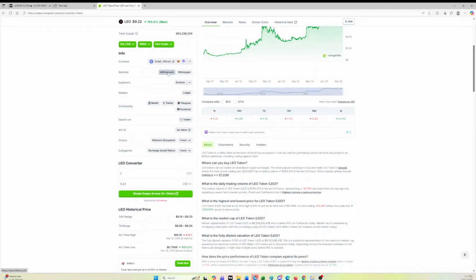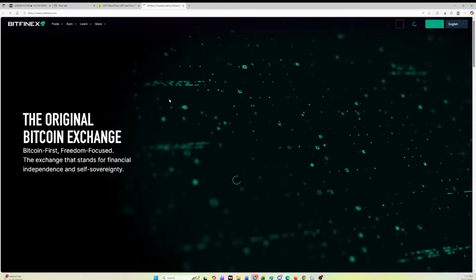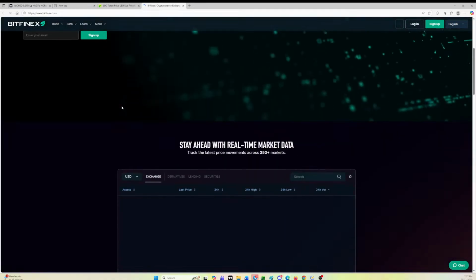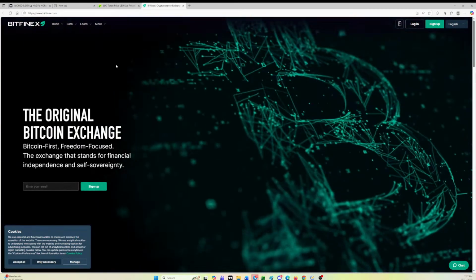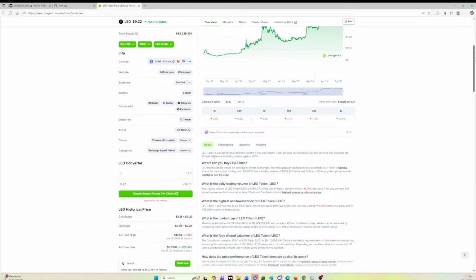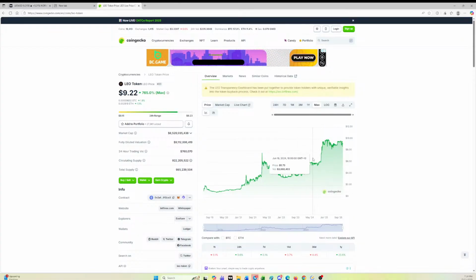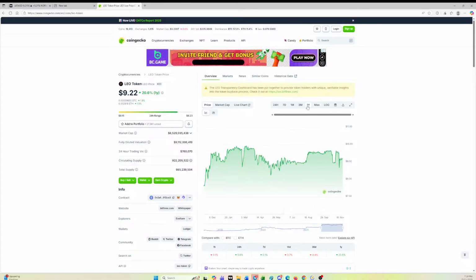Let's have a little look. This is an exchange token. It sends me to the Bitfinex exchange. Leo is a utility token at the heart of the Bitfinex ecosystem. So it's the Bitfinex coin. Maybe they have some sort of burn mechanism, they must have a buyback scheme. Wow.